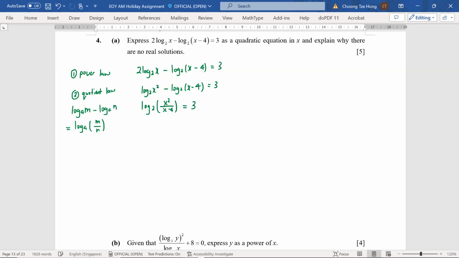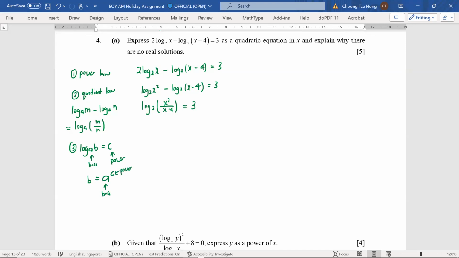Then from here, we will convert this to exponential form, and that will remove the log. So log a b equals c: a is the base, and in logarithmic form, c is the power by its own on one side. If we convert it to exponential form, a will still be the base, and c will be the power.